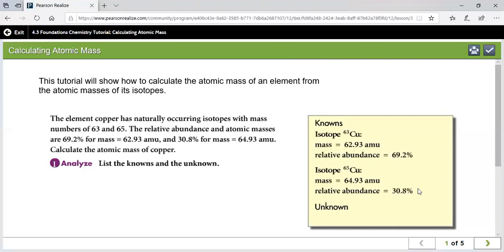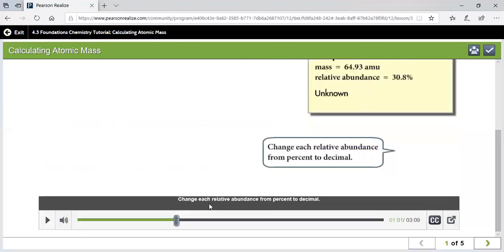First of all, guys, I have to turn the percent into decimals.